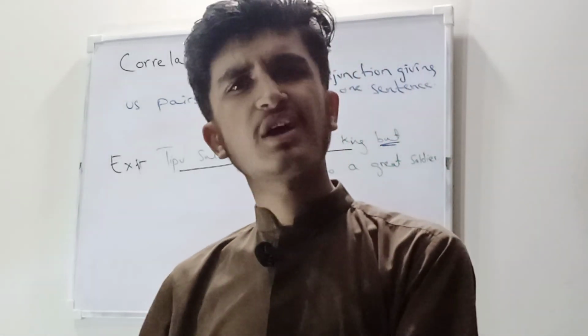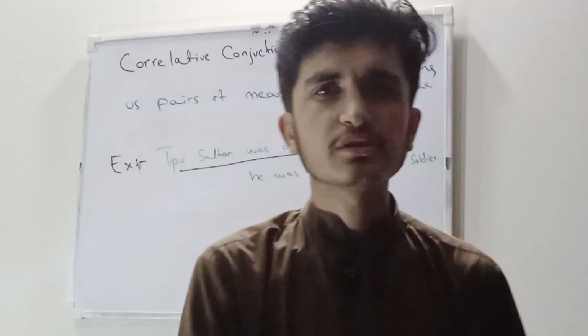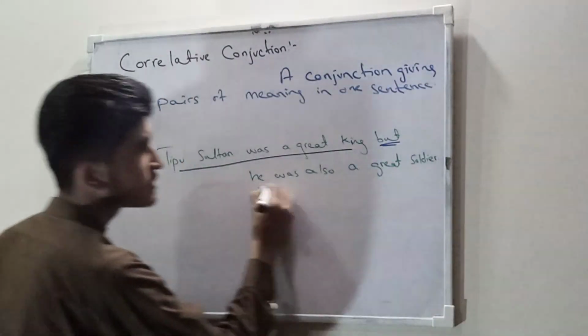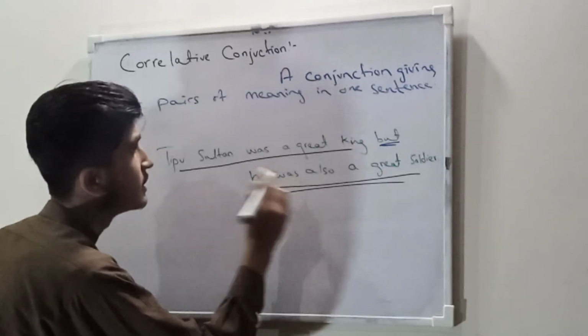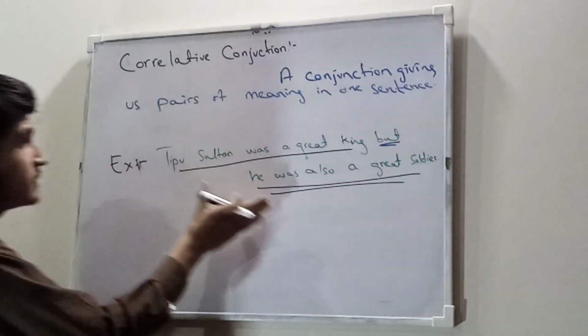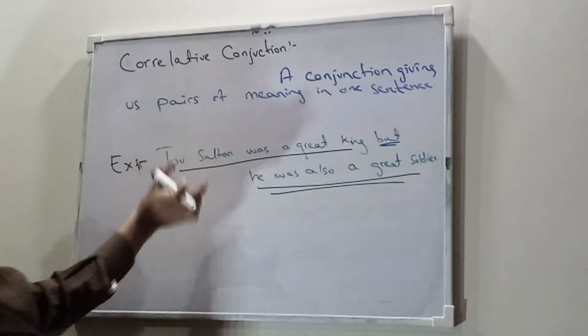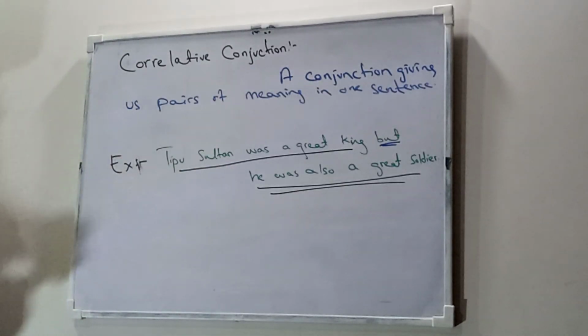If he was not a leader, he could never be a prime minister or president. Here also, first Tipu Sultan was a soldier, then he became a king. It gives us a complete sense, pairs of meaning in just one sentence. So this is correlative conjunction.